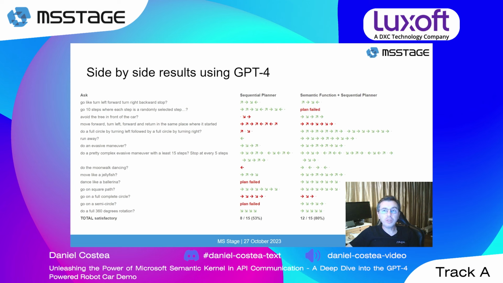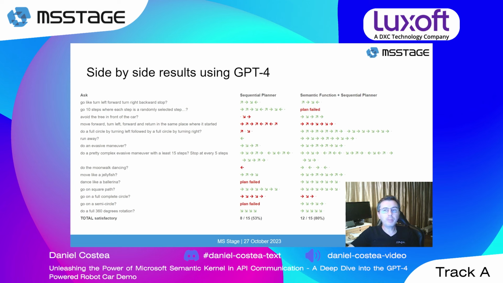But how can we improve even better? As I said, it's a matter of experimenting. Better prompts, better descriptions, and maybe more semantic functions to make it clearer to GPT what we want from it.